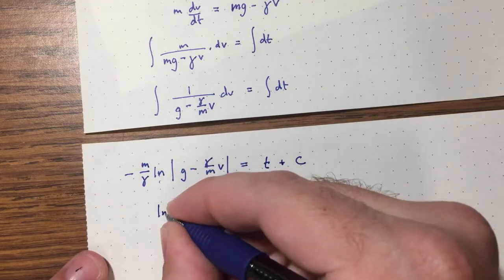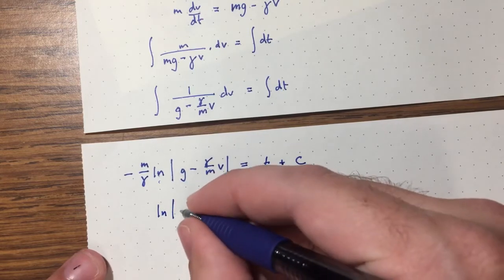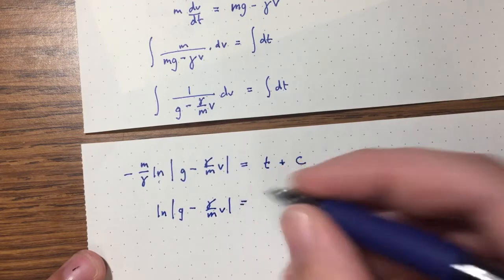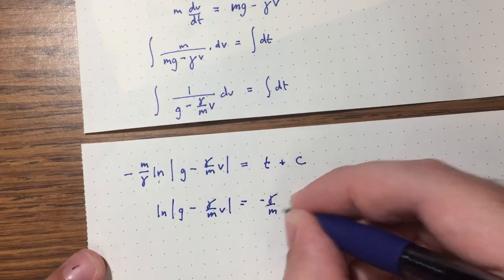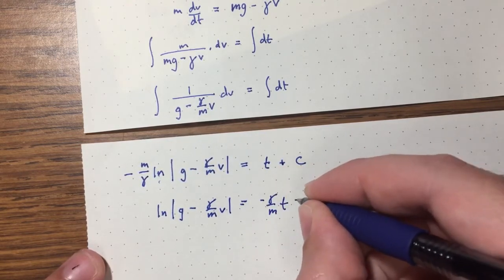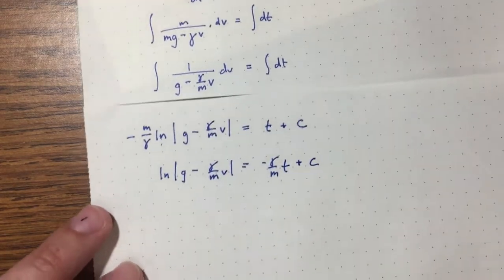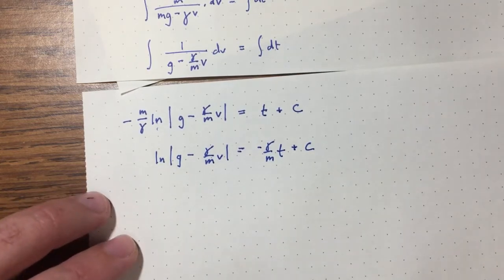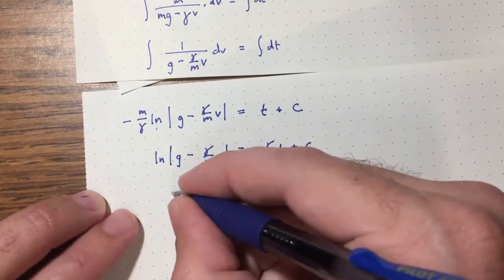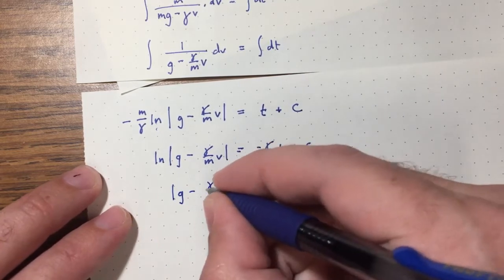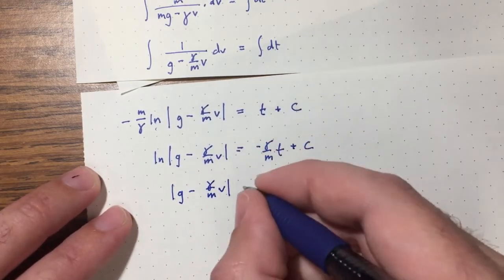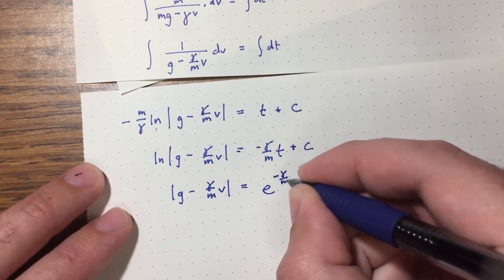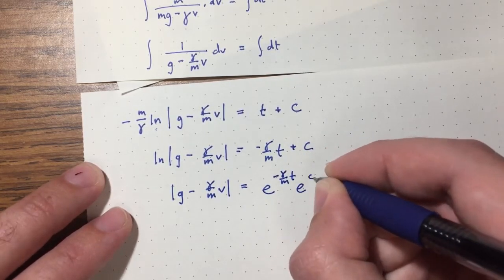Let's go ahead and solve for v now. Okay, so let's try to do this quickly. So we have negative gamma over m times t. I can just write plus c again, right? Because technically I'm multiplying c by negative gamma over m, but that's just as arbitrary of a constant. And now we'll exponentiate both sides. So we get this times e to the c.